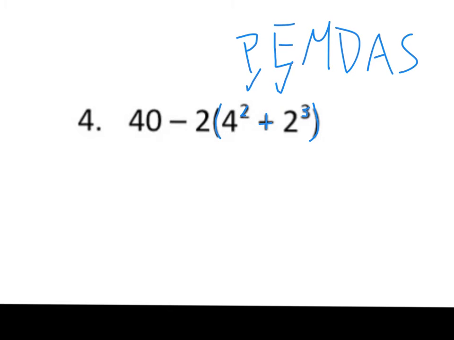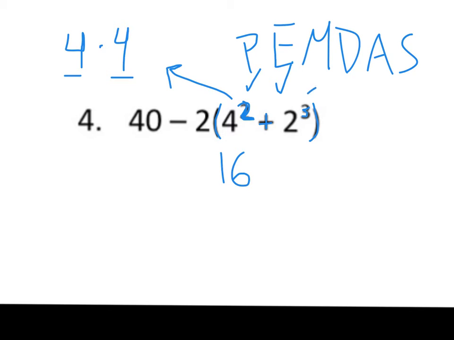Exponents come first. 4 squared means 4 times itself, 4 times 4. And the 2 means that there are 2 4s here. 1, 2, 4s. So 4 times 4 is 16.